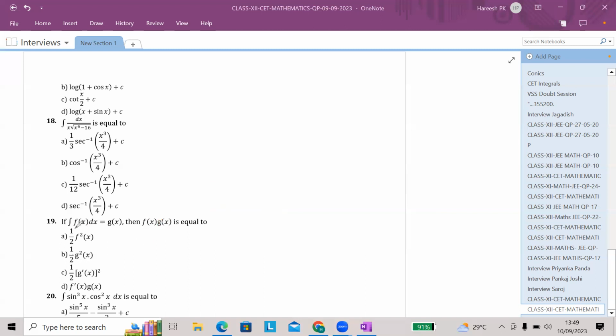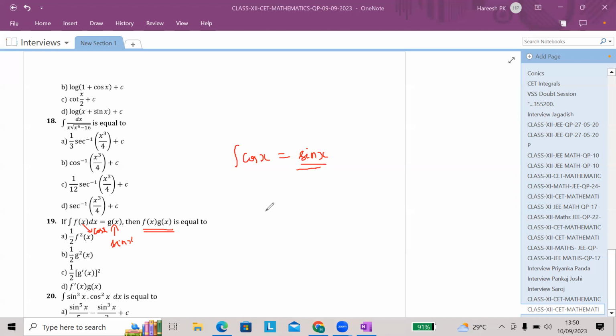Okay, let's take a simple case. Integral cos x, we know is sin x. So that means this is sin and this is cos. So sin into cos.